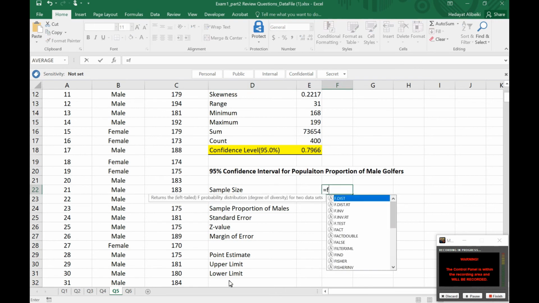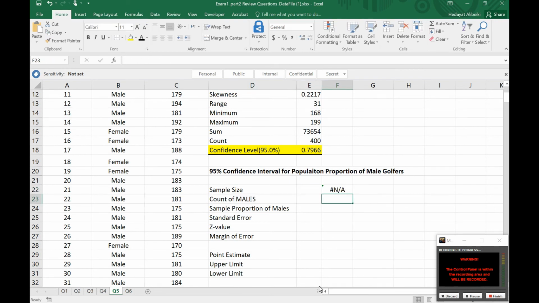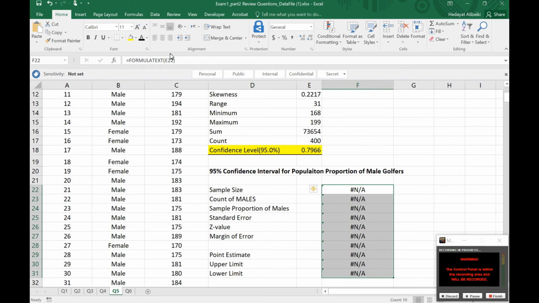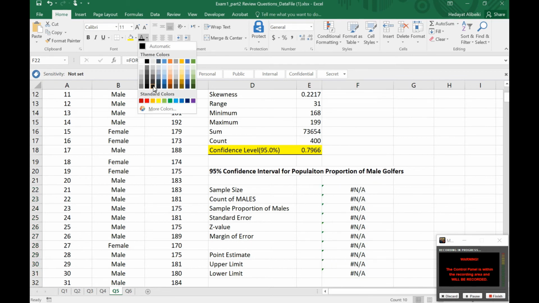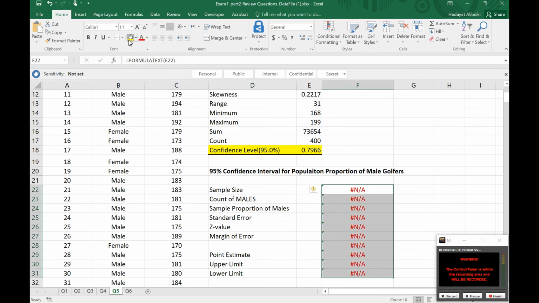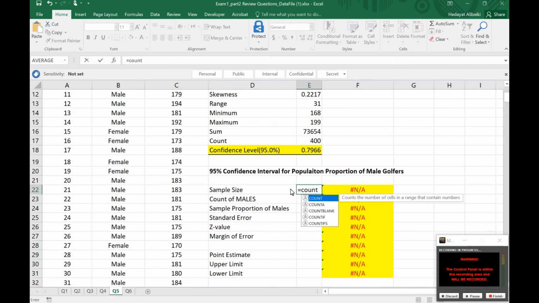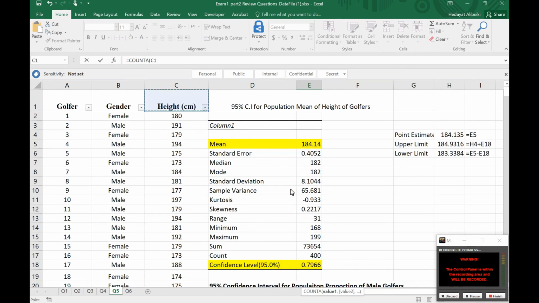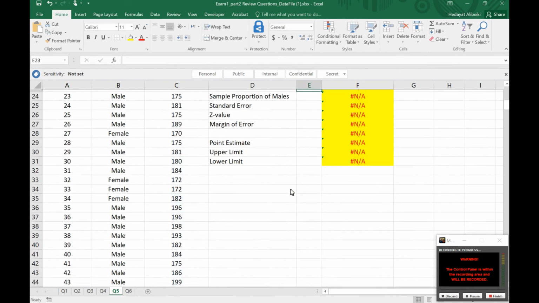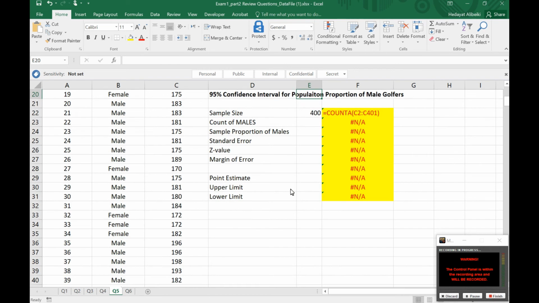Let me quickly show you the formulas that I'm gonna use. For sample size, I'm gonna count my sample. My sample starts from the second row all the way to 401. So count C2 to C401 would be my sample size.